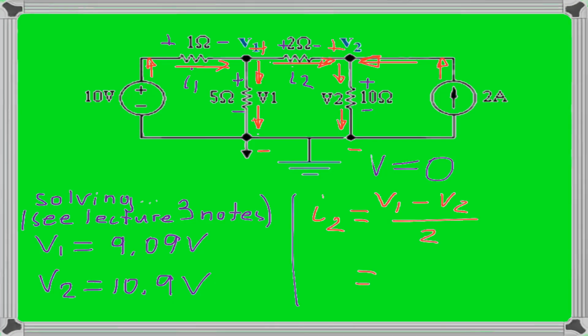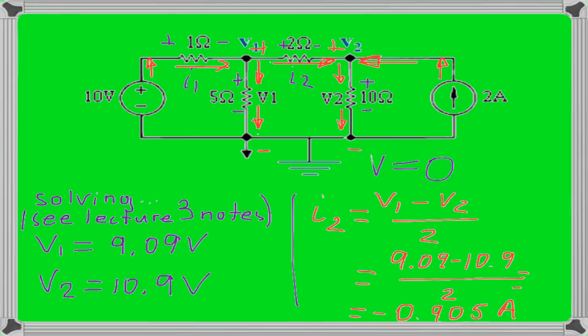And we already know V1 and V2, so just substitute the numbers into the equation, and we'll get current I2, which will be V1 is 9.09 minus V2 10.9 over 2. And we can see that the current I2 is negative 0.905 amps. What does it mean?